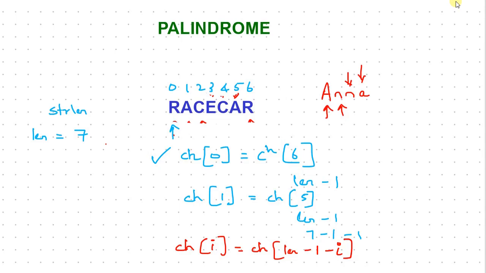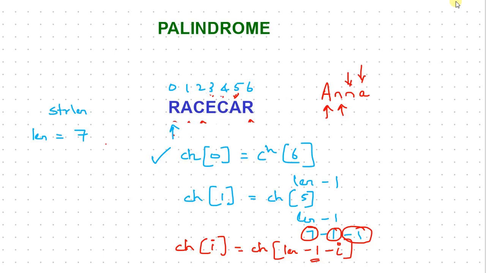That's why here the 7 will be the length, and this minus 1 will always be this minus 1 over here. Okay, so that's the basic logic we have to use to check if the alphabets are the same from the forward direction or backward direction.